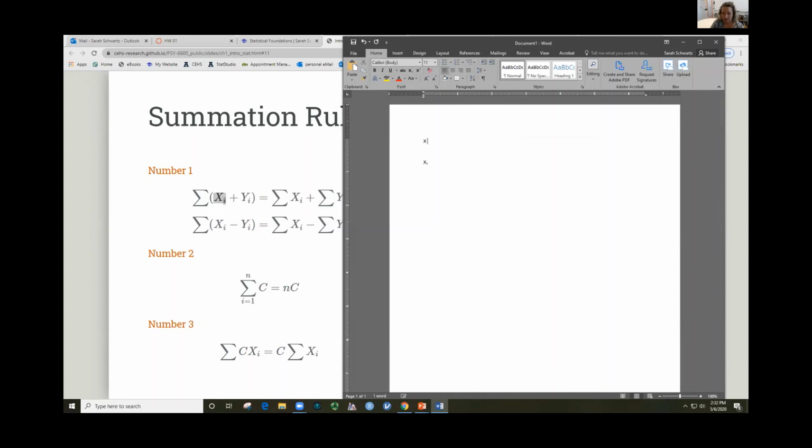So if x is a list of numbers, 2, 4, 6, 8, 10 are the ones on the homework, I think, right? So the even numbers, 2, 4, 6, 8, 10. x sub 1 is the first number in that list of x numbers. So the first number in x is 2.